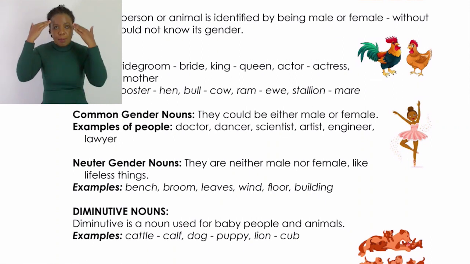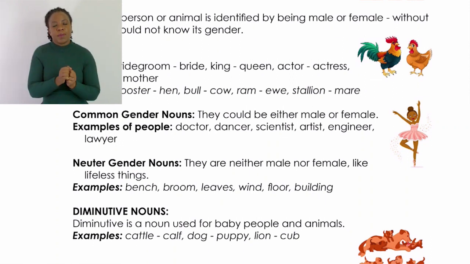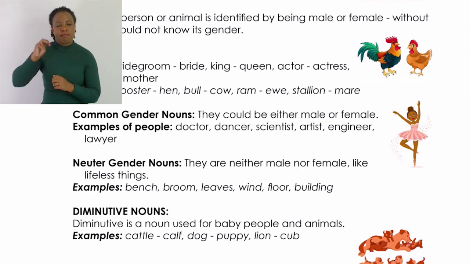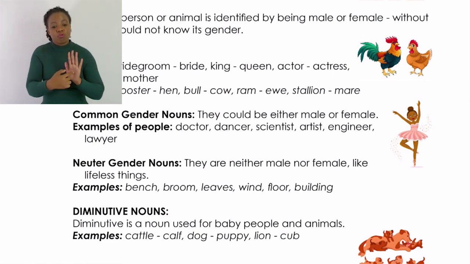Bride is the feminine. King, masculine. Queen, feminine. Actor, masculine. Actress, feminine. Father is the masculine, and mother is the feminine. So we are saying you can identify a person by his or her gender.